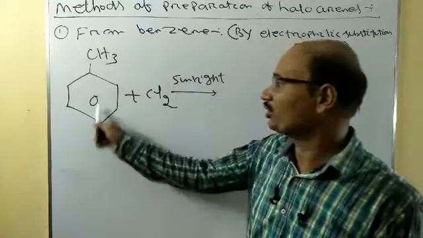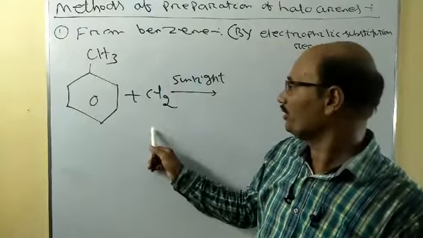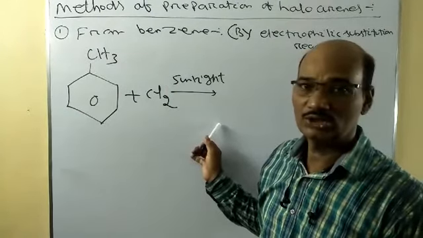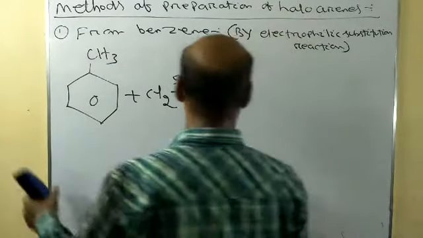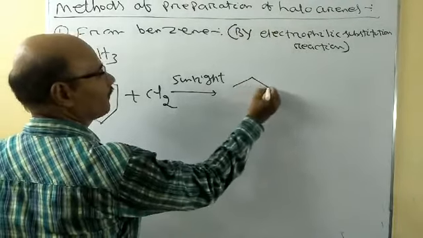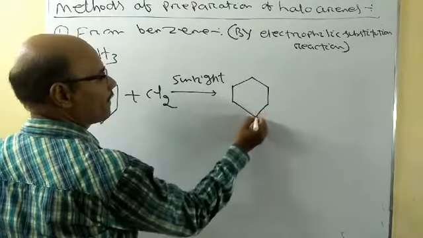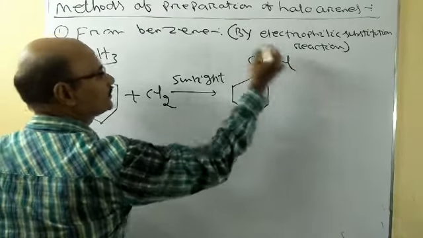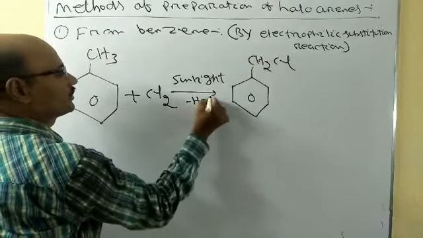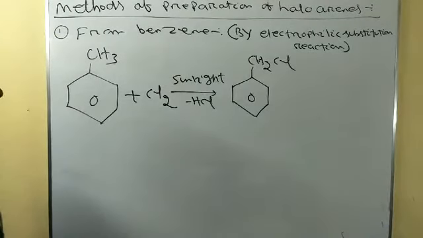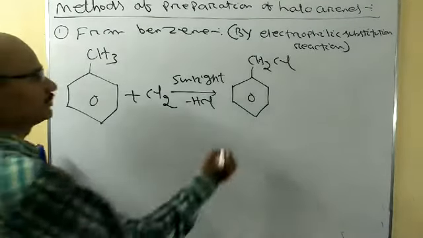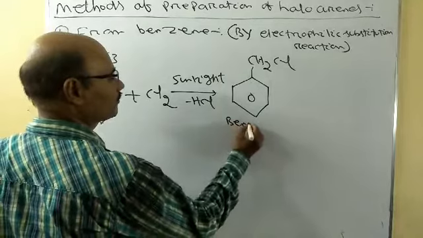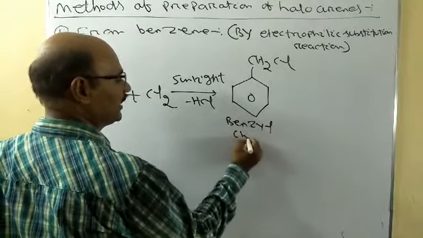We have taken toluene with chlorine and some sunlight. So what will happen here? We will get CH2Cl, HCl will be removed. We get CH2Cl, benzyl chloride. This one is benzyl chloride.